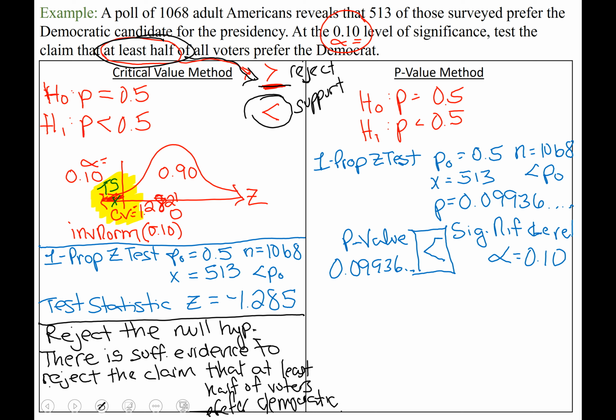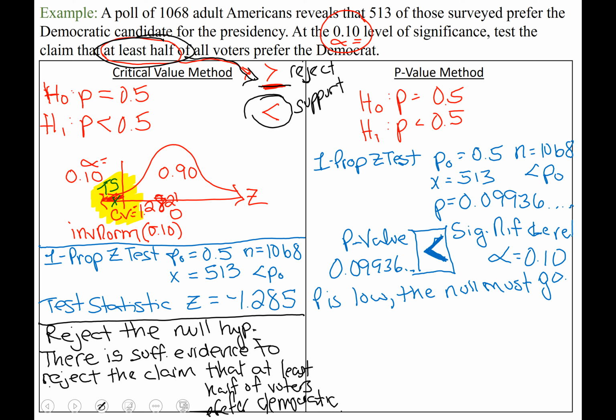Okay, then we say this little rhyme. P is low, the null must go. And the reason we said P is low is because of this less than sign right here. It's lower than the significance level.